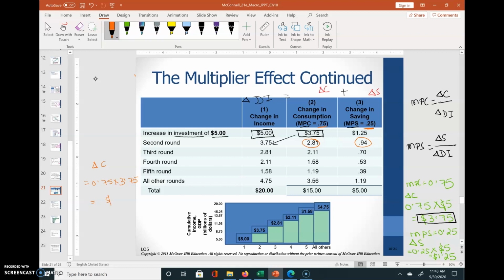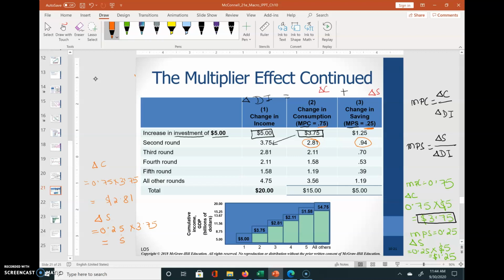This one is equal to 2.81. Change in savings, you can either multiply 0.25 times 3.75, so it's going to be 0.25 times 3.75. I'm just making sure the calculation is right.